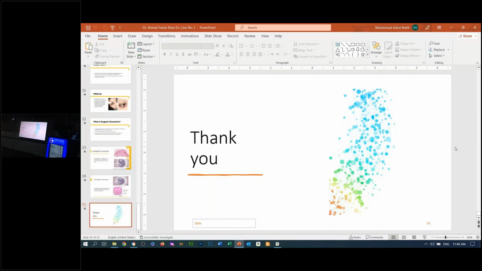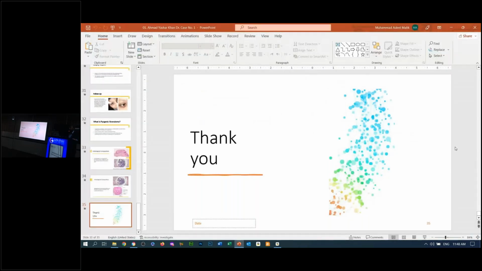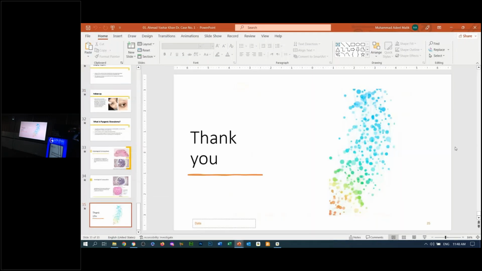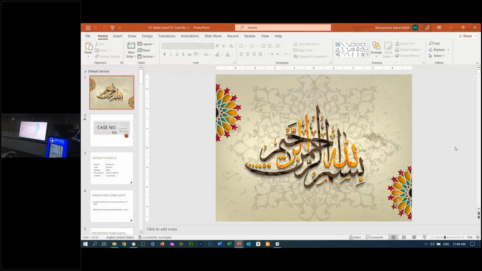Questions from the audience? Sir, the pictures which were shown in the last, these are from the book.